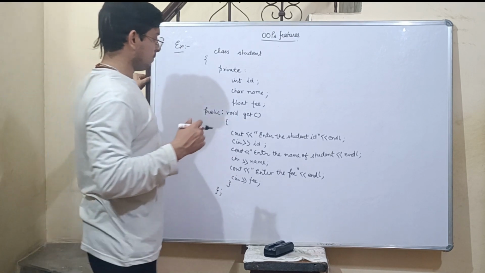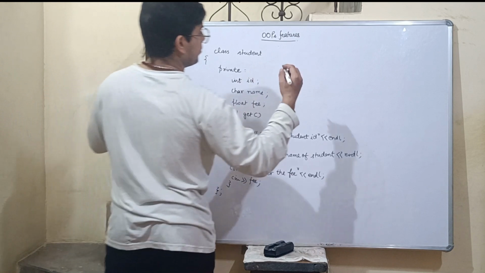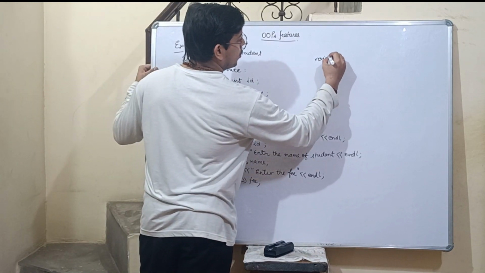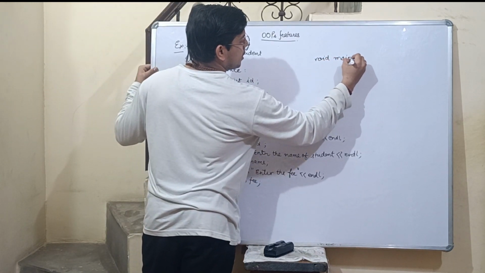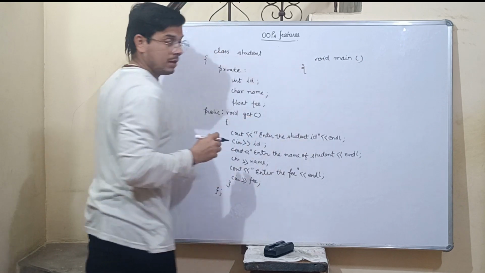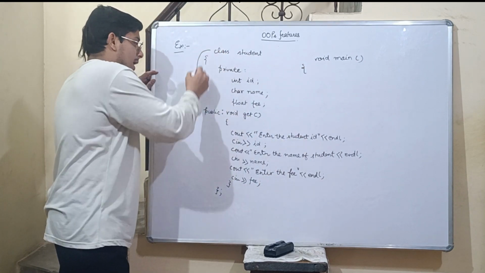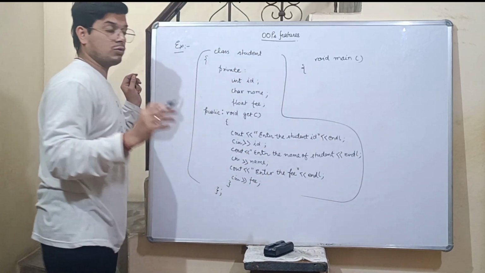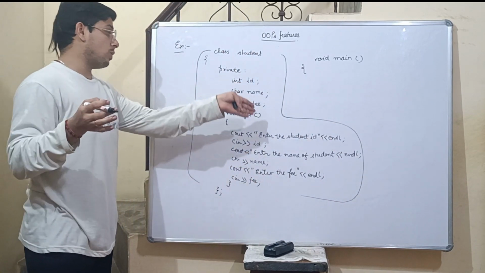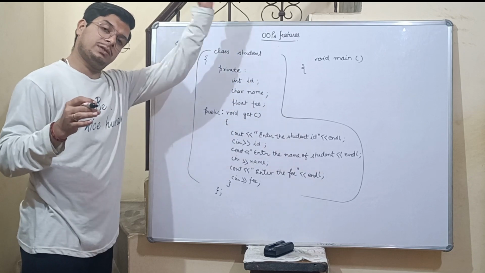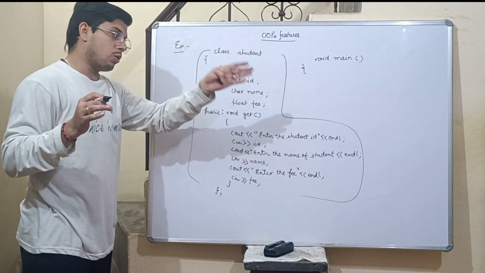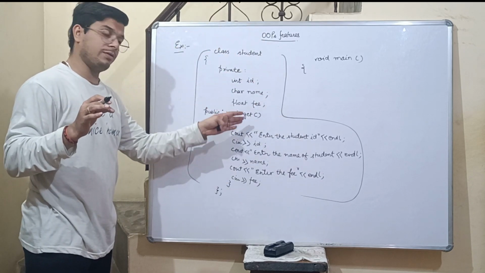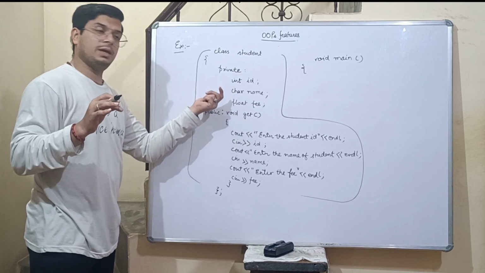Now we have to create the main function, void main, and after that we have to access this class. If we have to access this class, we will have to create the object to access this class. In the previous sessions, I have explained what is the work of an object and why we have to declare the object. So here it is.